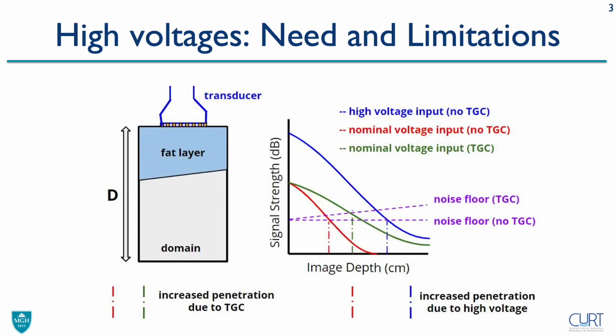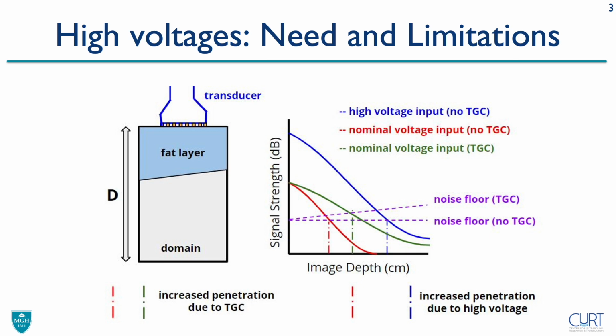The figure here shows what happens with low and high voltages and why adding time gain compensation is not always sufficient. Assuming we have a transducer placed on a surface and an imaging depth of D, at a nominal low voltage without the gain compensation shown by the red line, the signal strength starts off low and reaches the noise floor at a shallow depth where noise overtakes the signal.